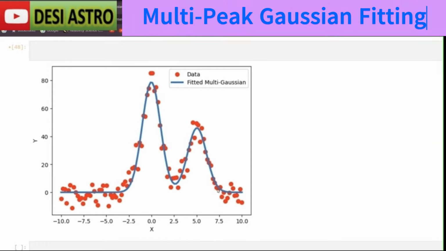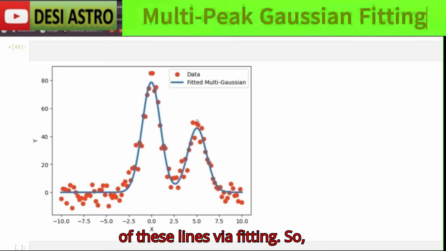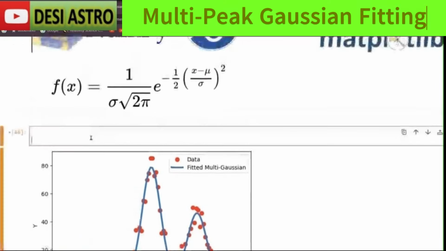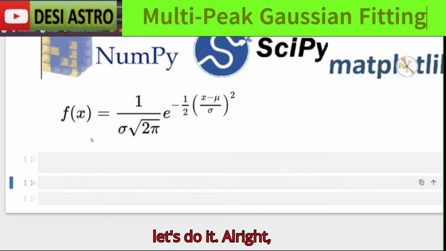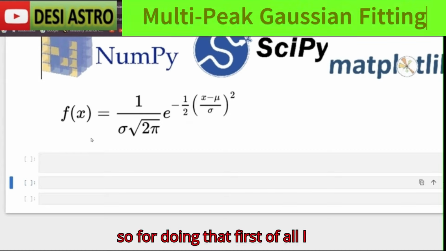So what we have to do is find the amplitude, the mean, and the sigma of these lines via fitting. So let's do it. Alright, so for doing that, first of all I will import the libraries which will be needed to do this.